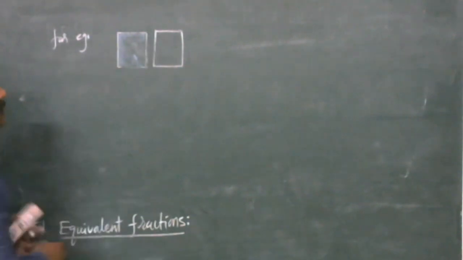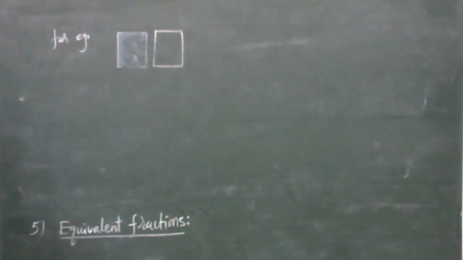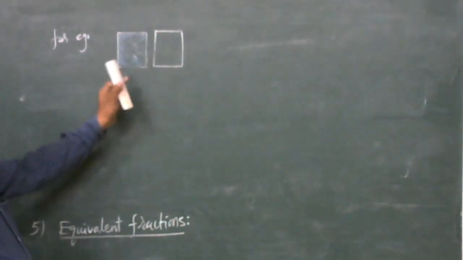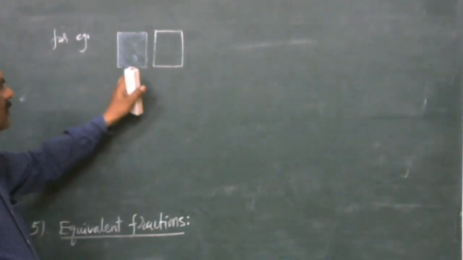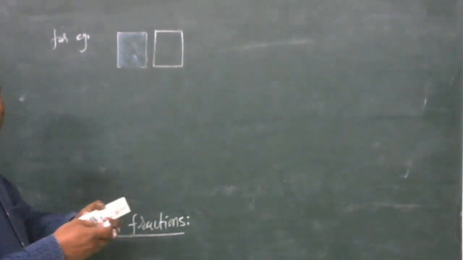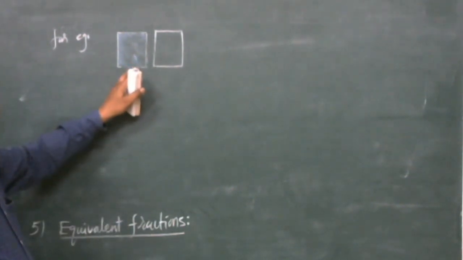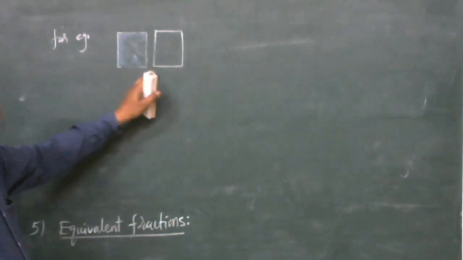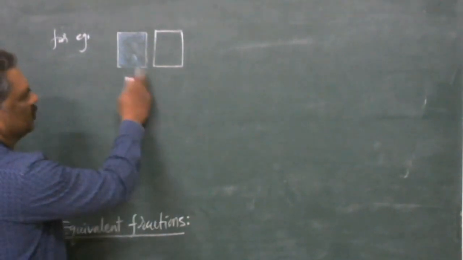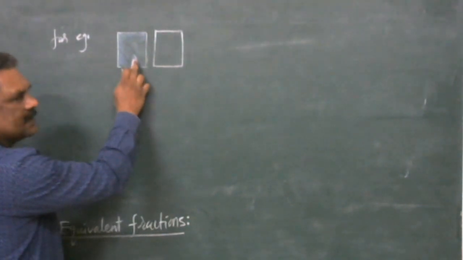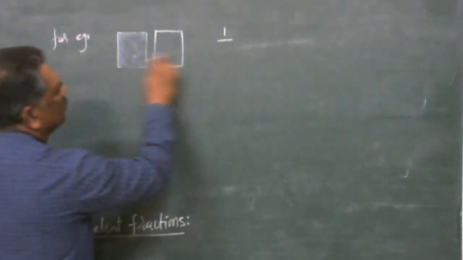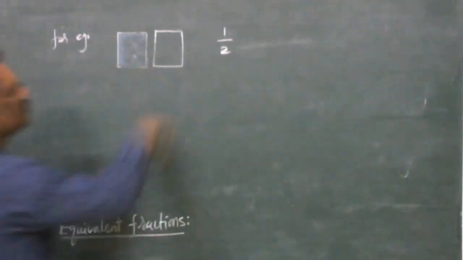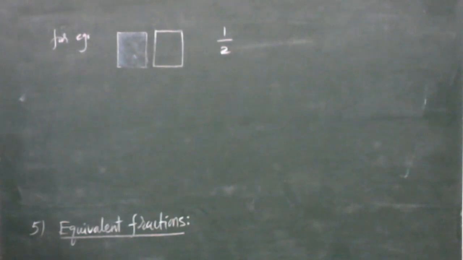It is a group of things, and this one is just a part of the group. So out of 2, 1. How many are colored? 1. Totally how many whole things are there? 2. So if you write it as a fraction, this is 1 by 2.